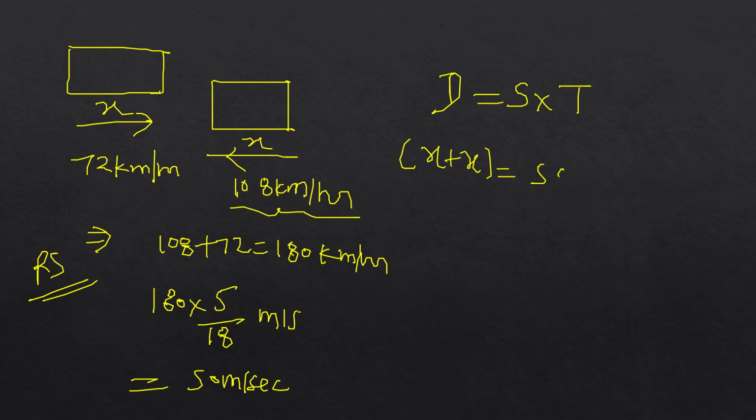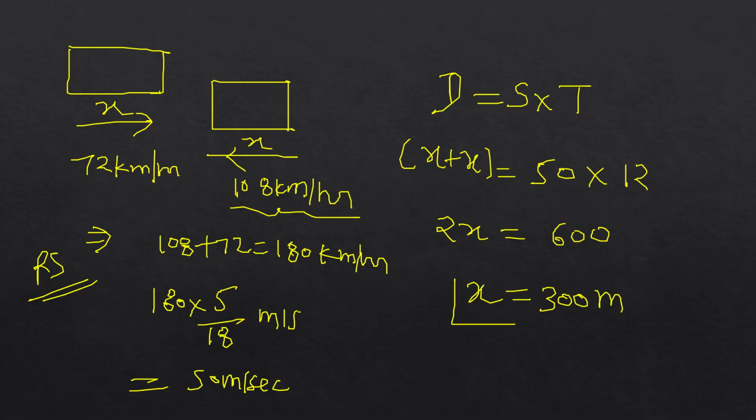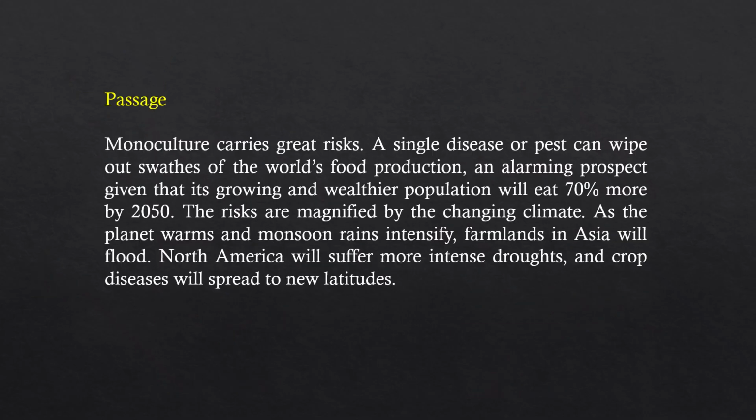Speed is 50 and time is given, 12 seconds. So 2x equal to 600. So x is 300 meter. So length of each train is 300 meter. This is your answer. Now next question based on passage.